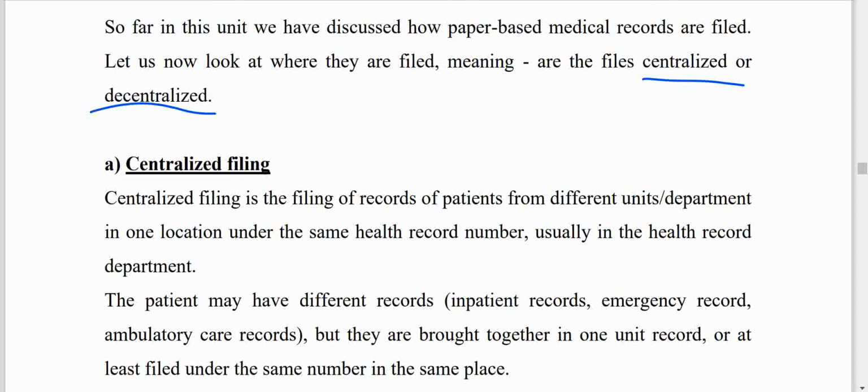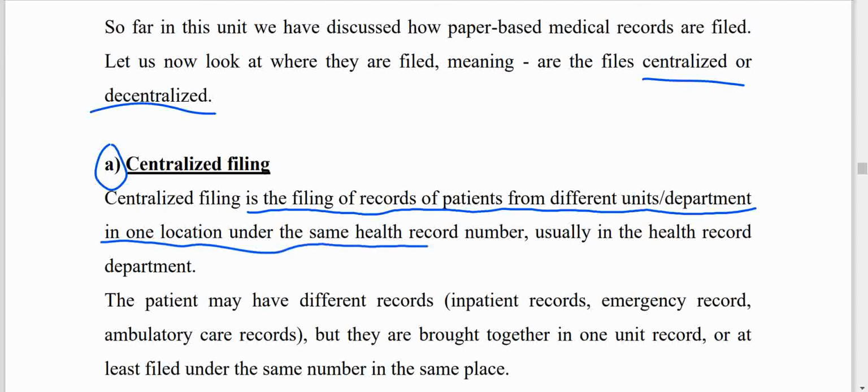So what do we mean by centralized filing? Well, centralized filing is the filing of records of patients from different units or departments in one location under the same number of health records, usually in the health records department.